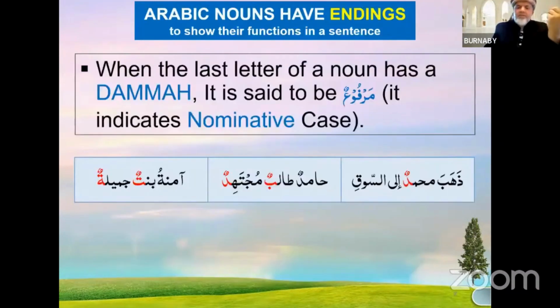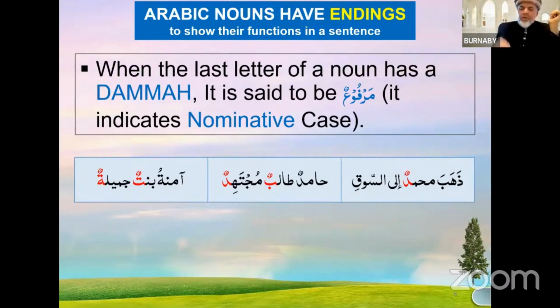Okay, let's look at this example. I know that you don't know enough Arabic yet to translate this, but I am going to help you. Your job is to focus on the red part in the sentence. Dhahaba Muhammadun ila suki. Dhahaba means somebody went. Ila suki, to the market. Now, in this sentence, is Muhammadun the noun?